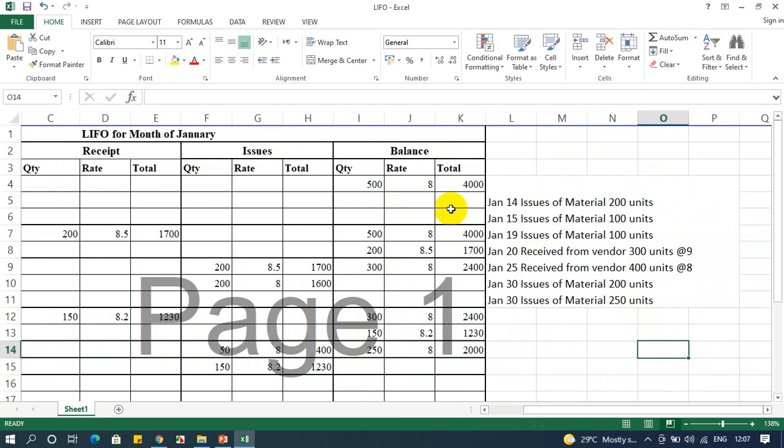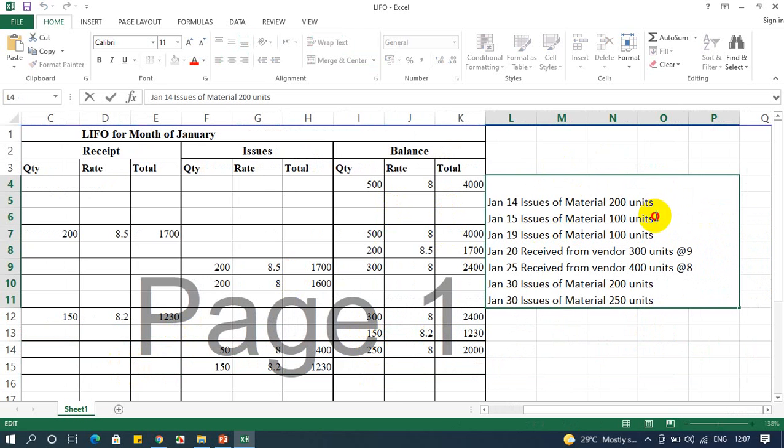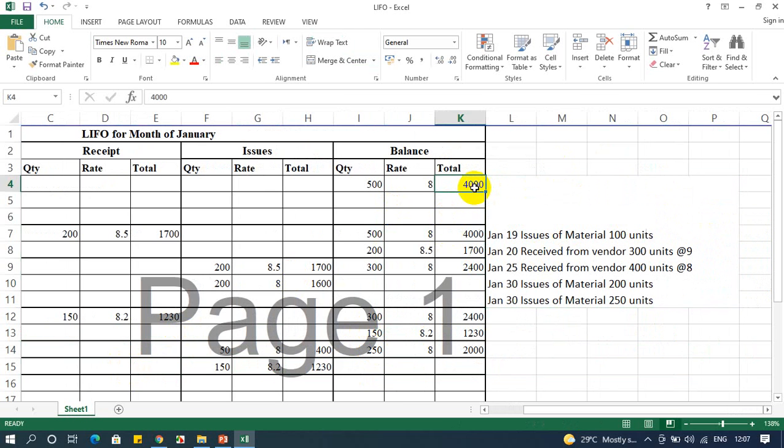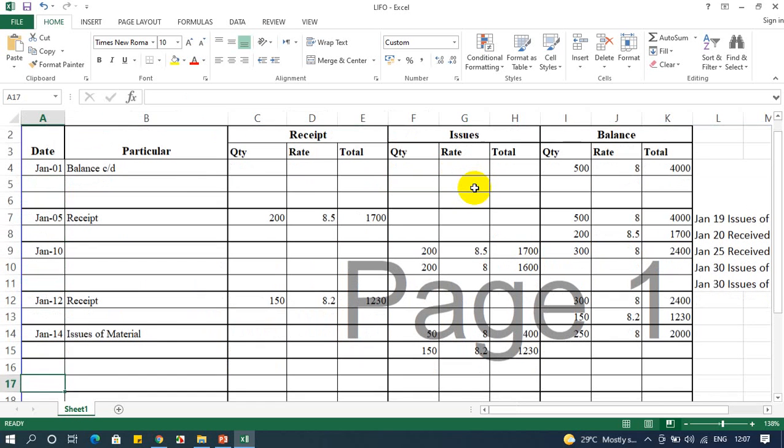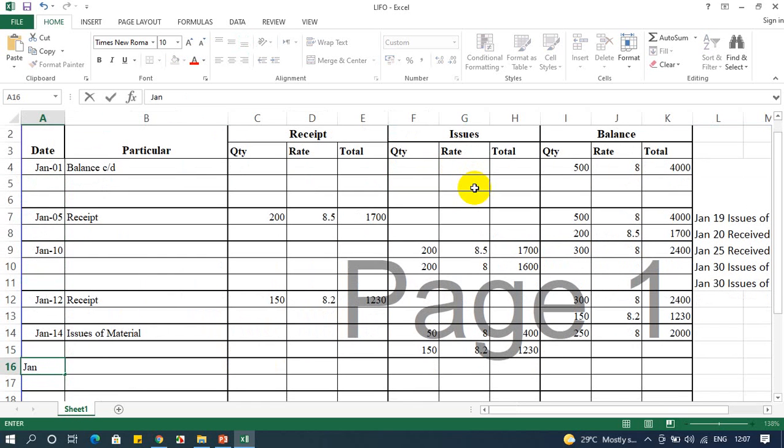Again, on January 15 we have an issue of material, 100 units. So just need to write down January 15, issue of material, right?